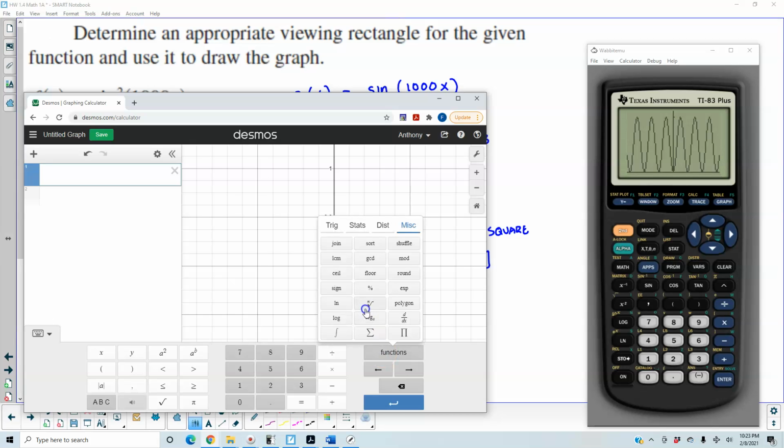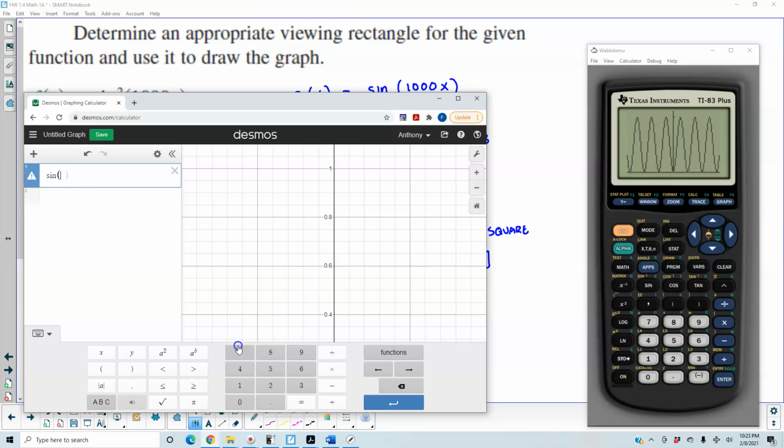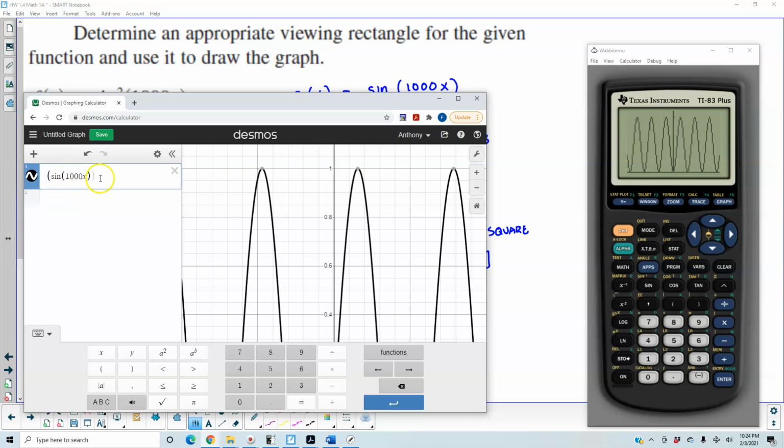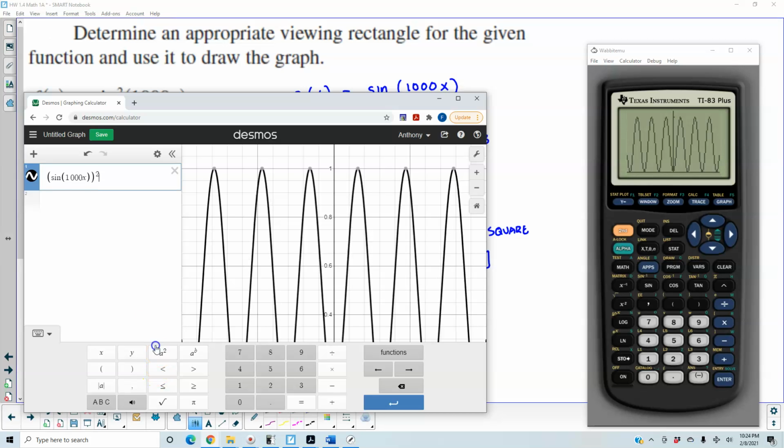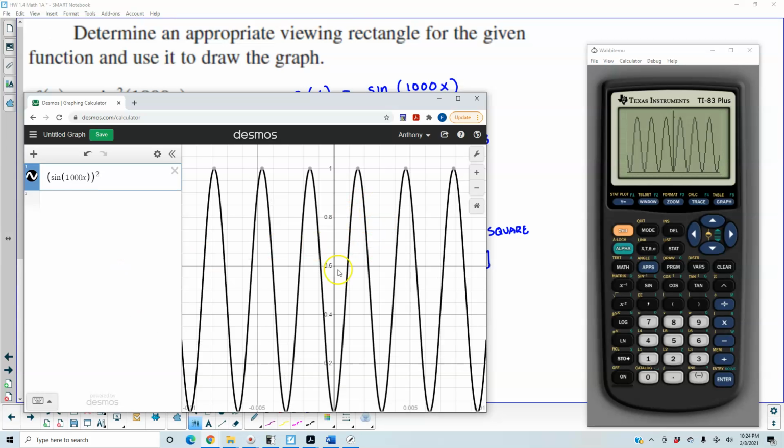So we have sine, same thing. We need to type in another parenthesis on the outside and then put in 1000 and then x, and then we need to square that to be able to see what's going on within that viewing rectangle.